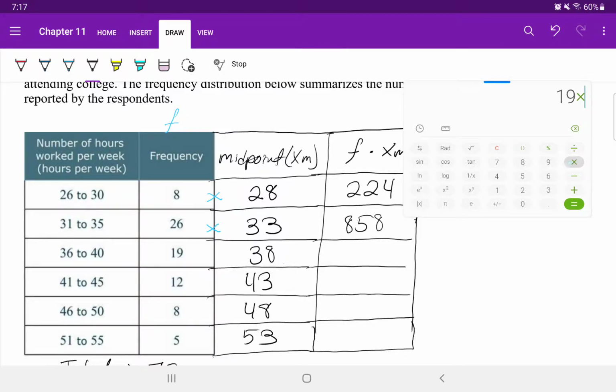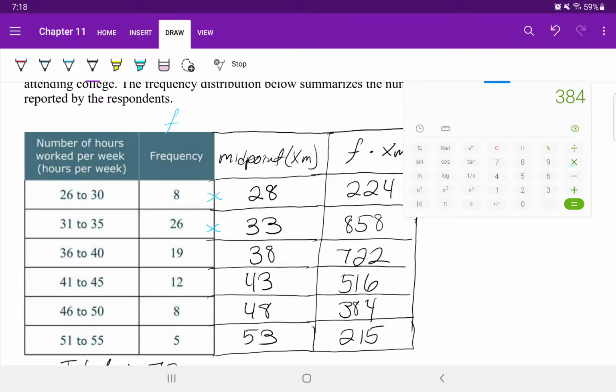Let's look at 19 times 38. 722. And there are ways that I learned I can use to multiply numbers that are large. 12 times 43 is 516. 8 times 48, that is going to be 384. And 5 times 53 is 215. Let's just double check that. 8 times 48. Yep, 384.